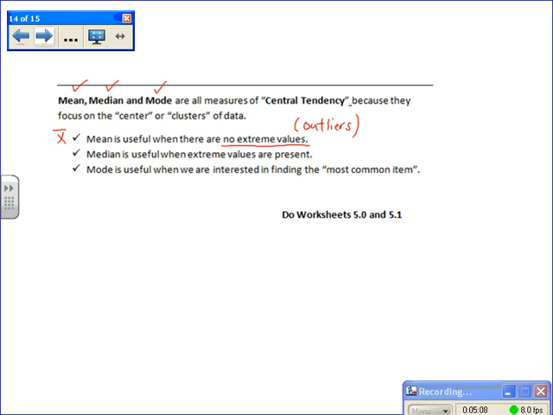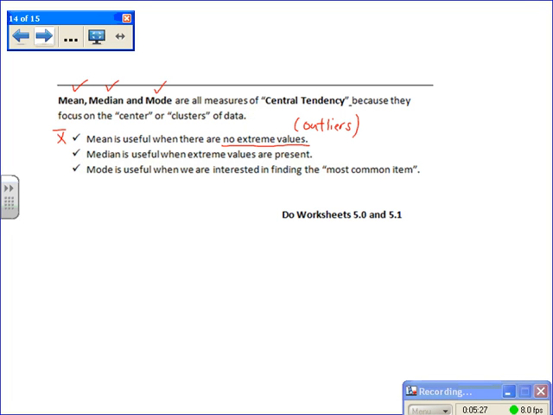Whatever value I calculate for my mean is really representative of the whole data set, if there's no other number on the very far end of our data that is skewing our mean or causing it to be different compared to the median.